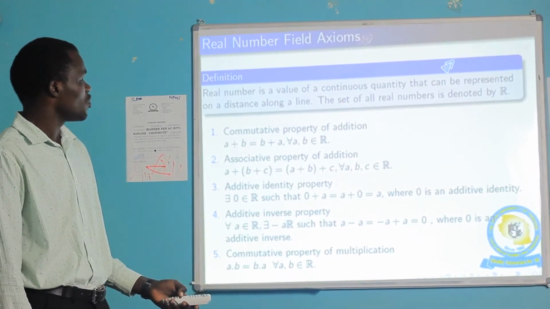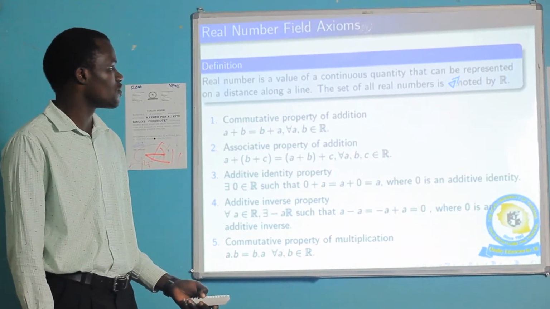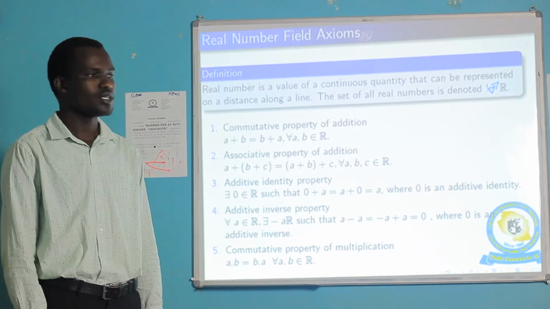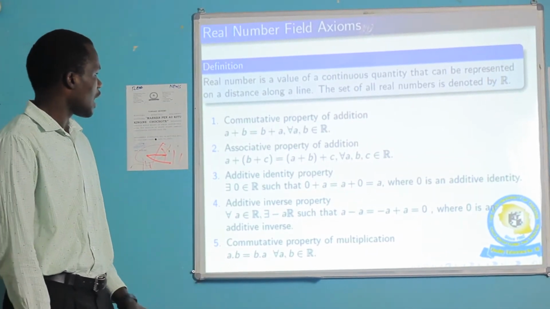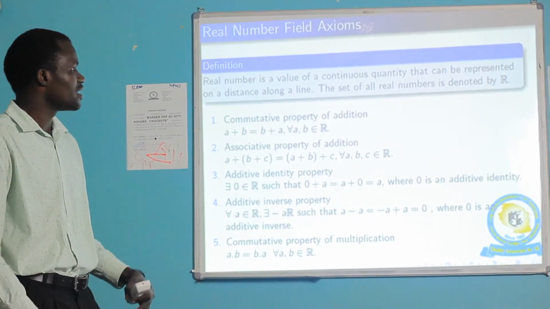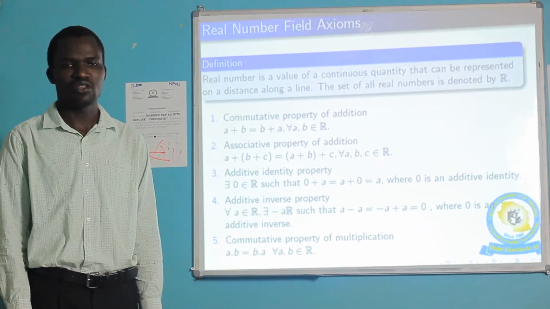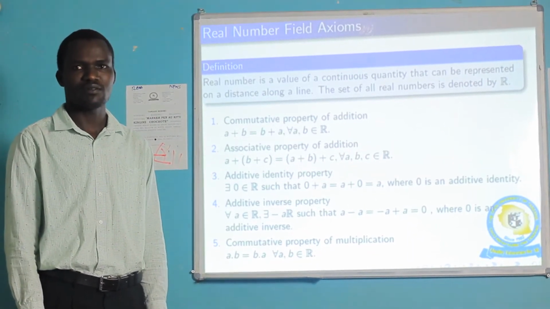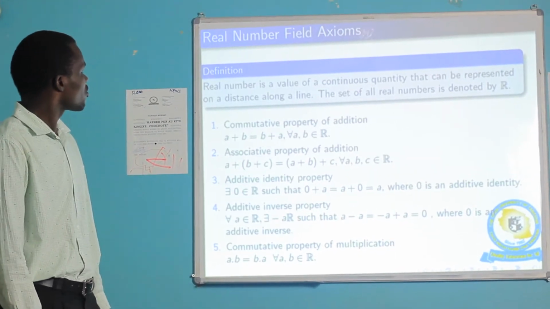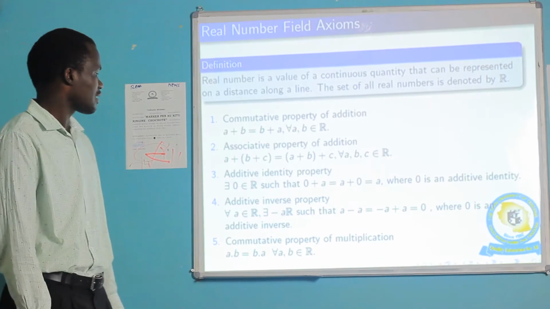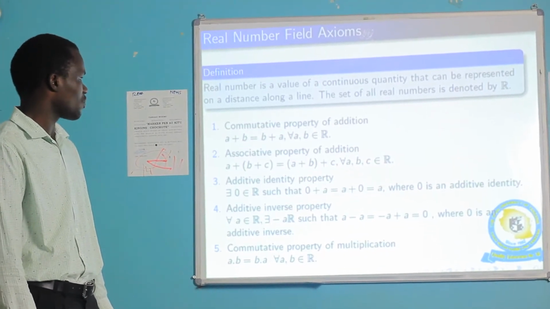So, what do you mean when you say axioms? Axioms are the properties. Here, we are going to see the algebraic properties of the real numbers. And this is called the real number field because it satisfies about 9 axioms.